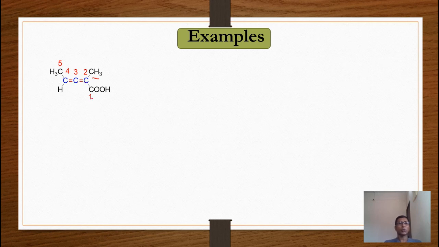As the total longest chain is of 5 carbons, the parent alkane is pentane, and due to the presence of the COOH group, it is a pentanoic acid. The IUPAC name of this molecule is 2-methylpenta-2,3-dien-1-oic acid.